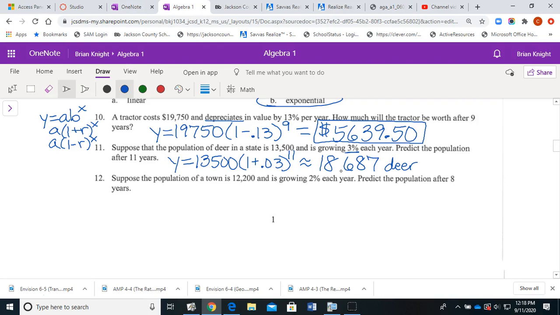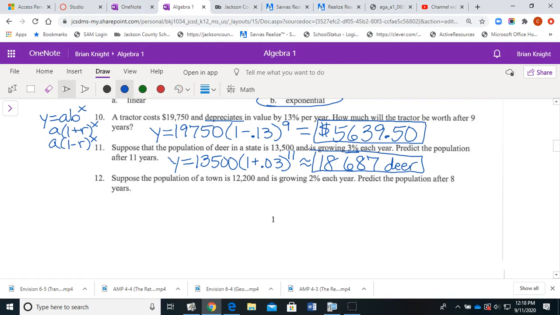If you put 18,688, I'm probably going to give you the right answer, because 687, 688, it's about the same thing. Yes, ma'am. Are you going to count off if we don't do the about? No, ma'am. Any questions? Does that answer your question about the rounding part?